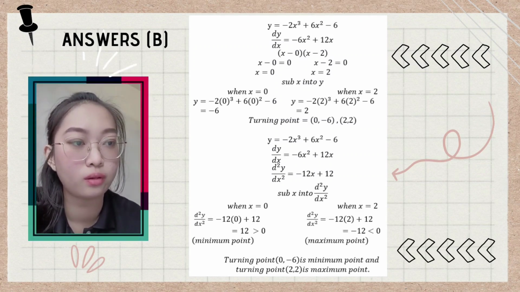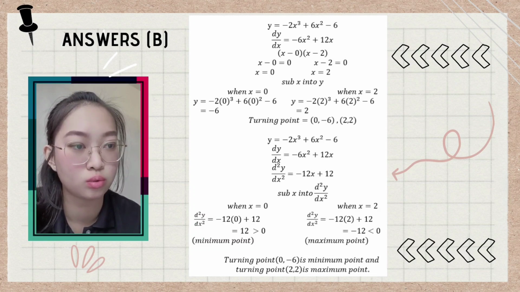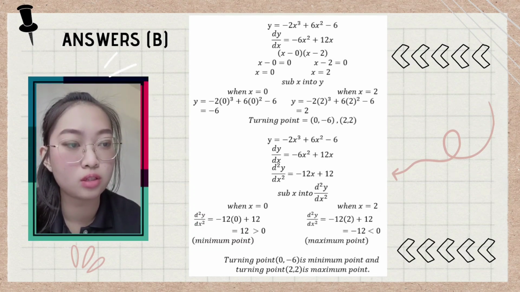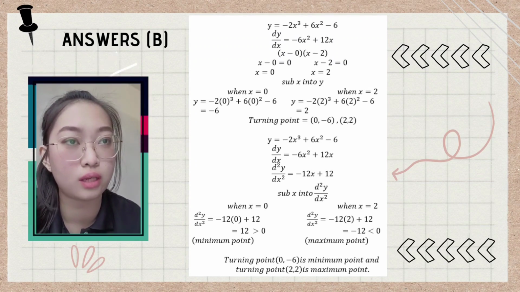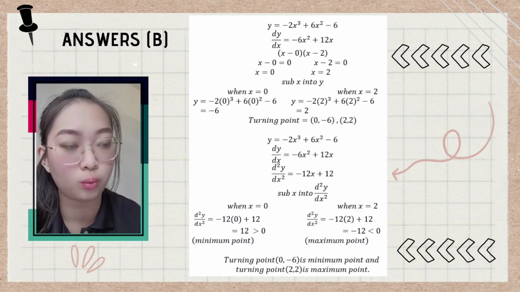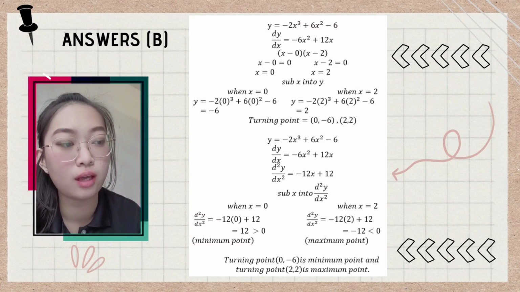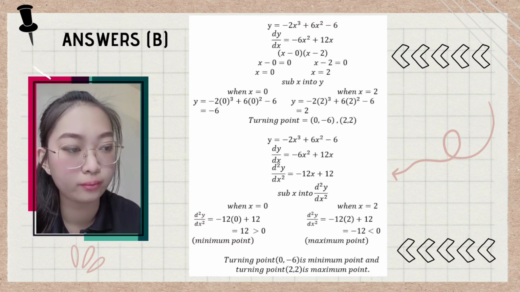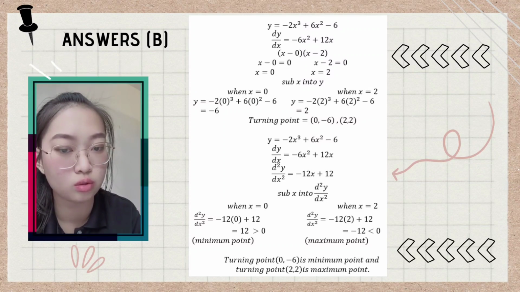For a stationary point, dy/dx equals 0, and by using the calculator we find that x equals 0 and x equals 2. Substituting x equals 0 into y, y equals negative 6. Substituting x equals 2 into y, y equals 2. Therefore, we found two turning points: the first is x equals 0, y equals negative 6, and the second is x equals 2, y equals 2.